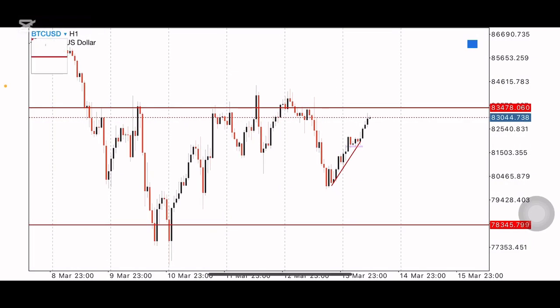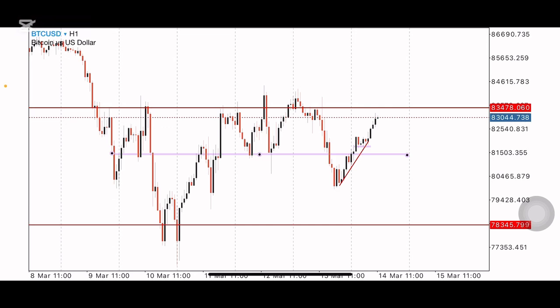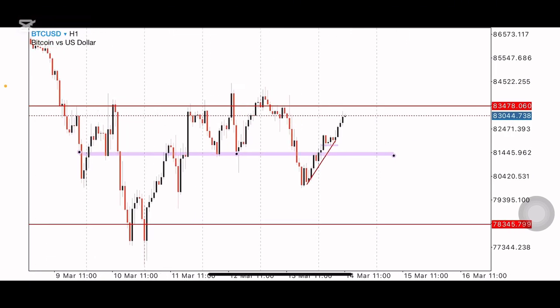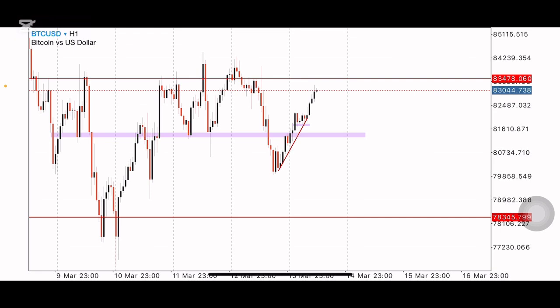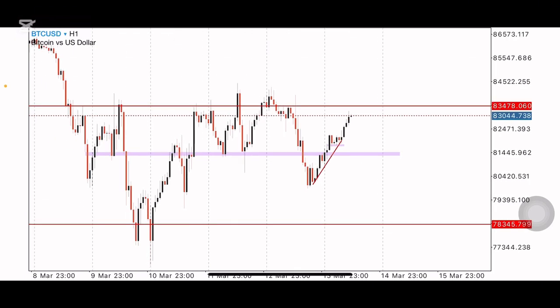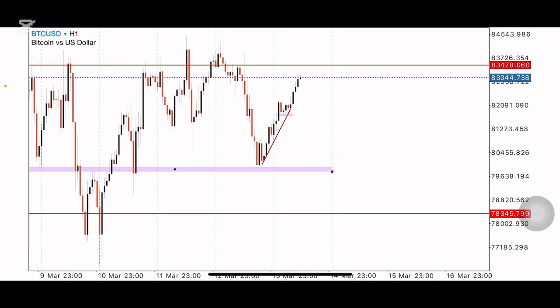But looking at this area, you can see the price has rejected multiple times here. It may not be too important. As a matter of fact, this is the area I will pay more cognizance to. This is it, because it was strong enough to cause price to reverse.